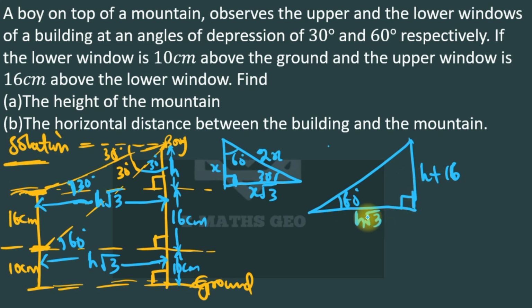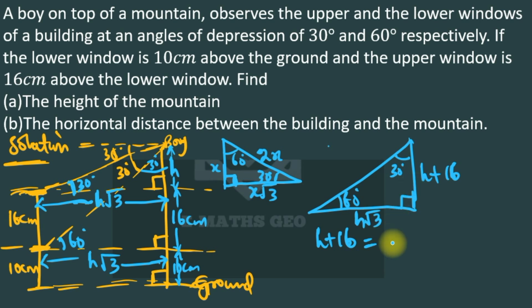So what do you have to say? Remember here is 30. From this theorem I explained, the one opposite 30 is H root 3.